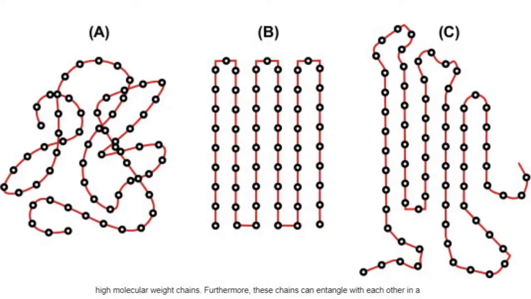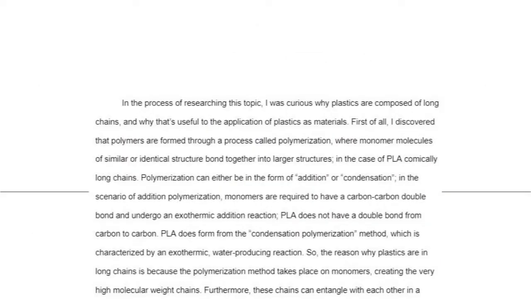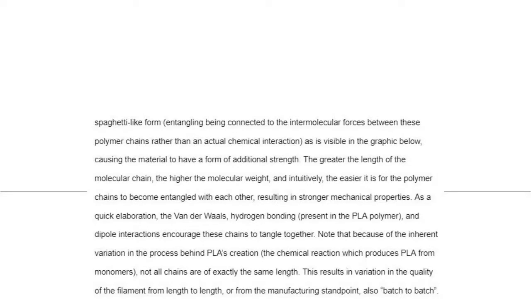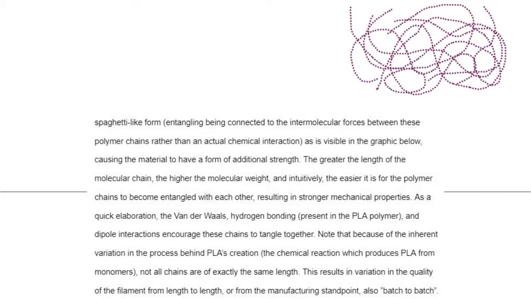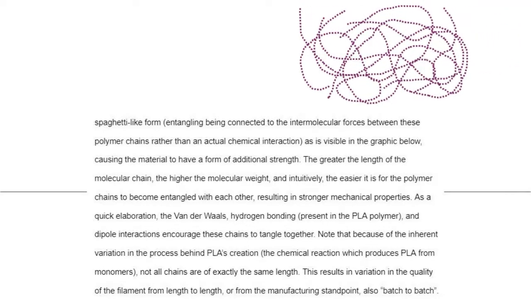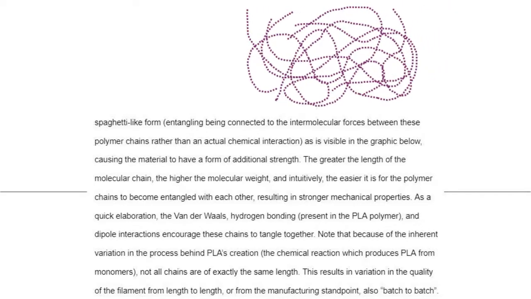So, the reason why plastics are in long chains is because the polymerization method takes place in monomers, creating very high molecular weight chains. Furthermore, these chains can entangle with each other in a spaghetti-like form, entangling being connected to the intermolecular forces between these polymer chains rather than an actual chemical interaction, as is visible in the graphic below, causing the material to have a form of additional strength.